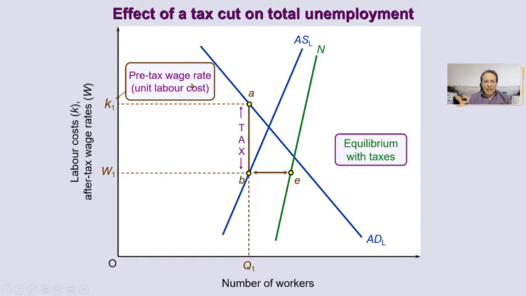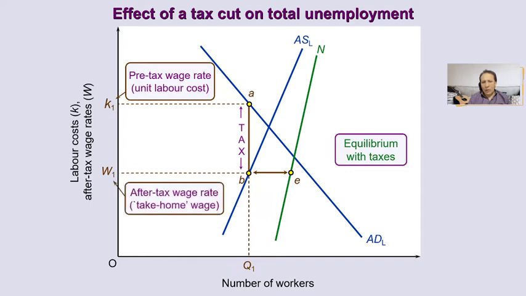This is the pre-tax wage unit labor cost, K. Again, these are the labor costs for the businesses. And W1 is the after-tax wage rate, or the take-home wage.